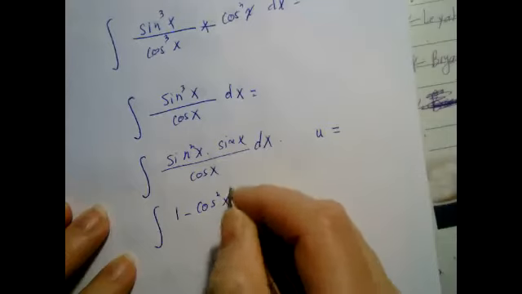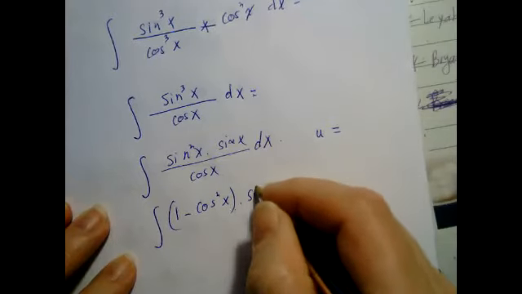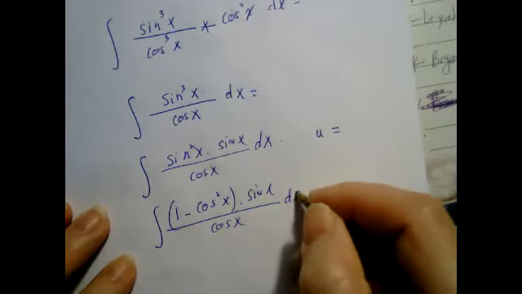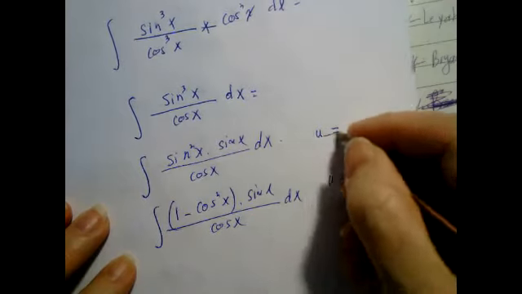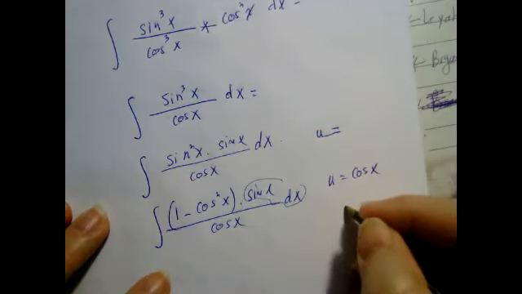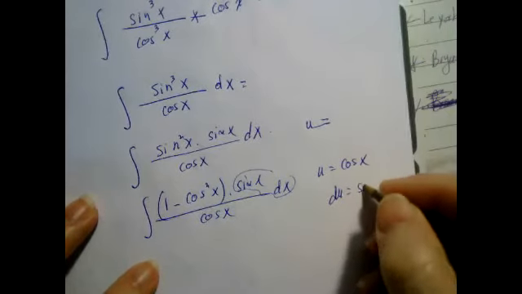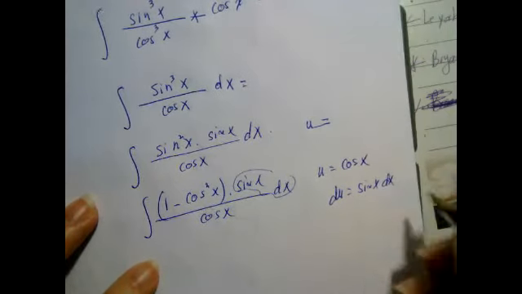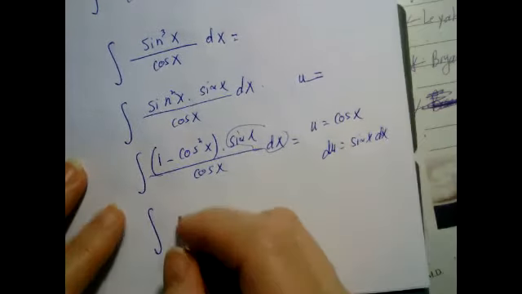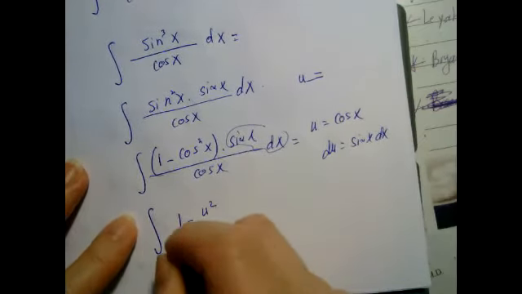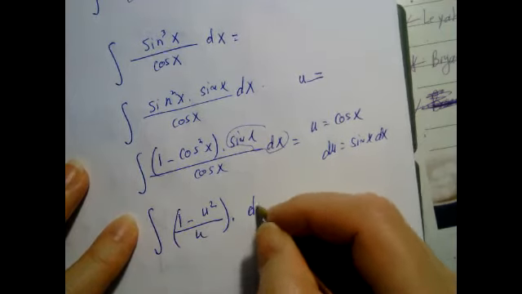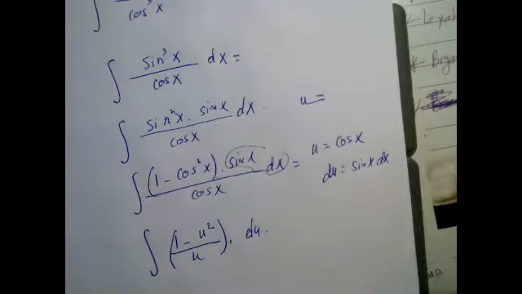Now I want this piece to be the du, so u is going to be the cosine x, and the du is the sine x dx, with a negative sign. Now I will have 1 minus u squared over u times the du. So do you guys see how it worked?